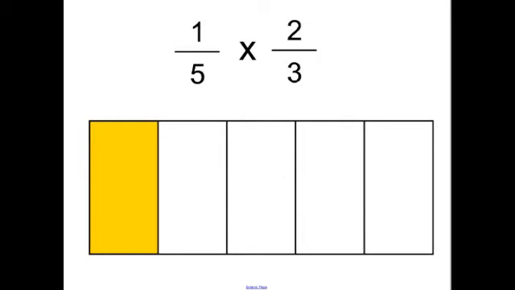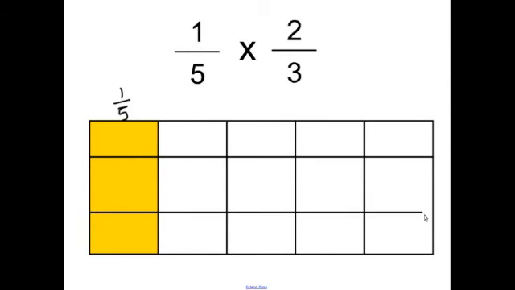Now once again we're going to look at what we're looking for. Well, we're looking for thirds. We're not just looking for 1/3 though, we're looking for 2/3. But we still need to split that 1/5. Let's label our 1/5 again. So this coloured bar is now 1/5 of our whole shape here. So once again we're going to look at the denominator here, and you can see we want to find thirds of this, so we're going to split our shape into 3 parts.